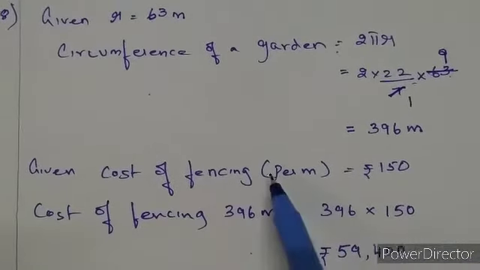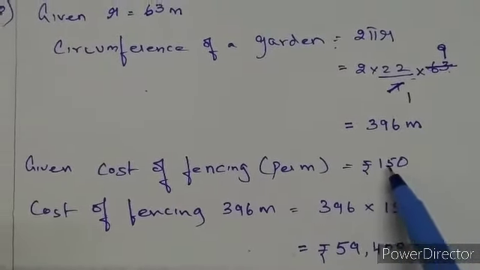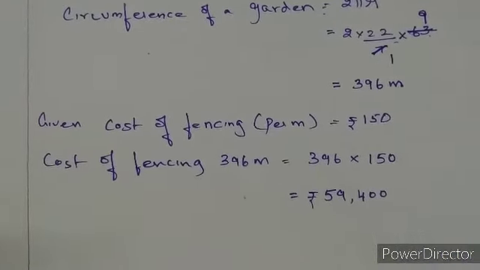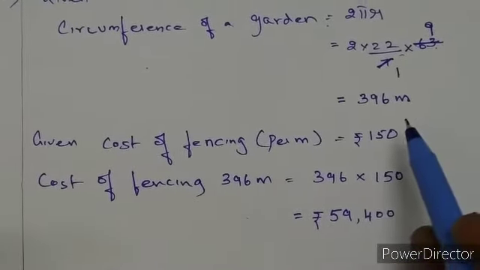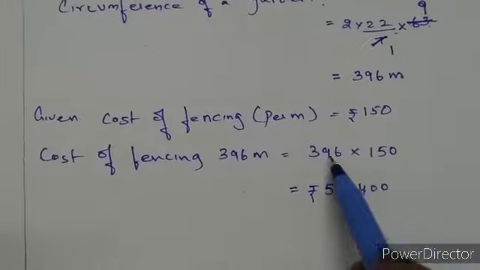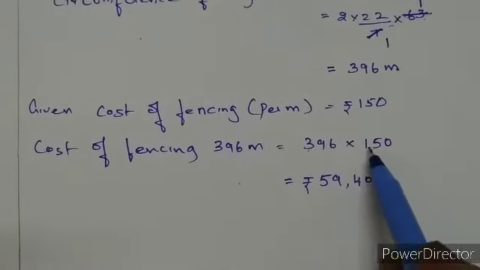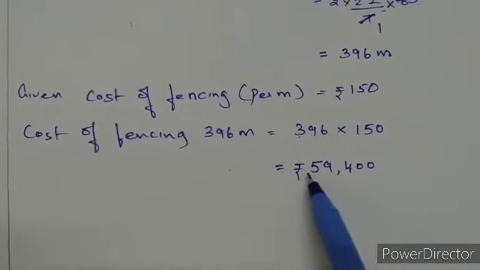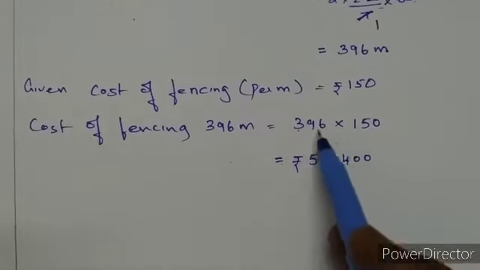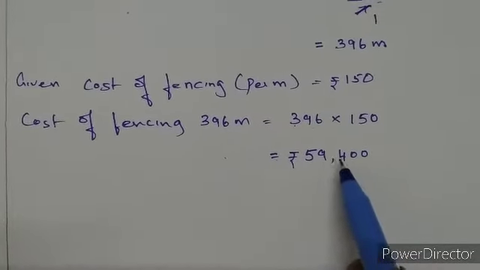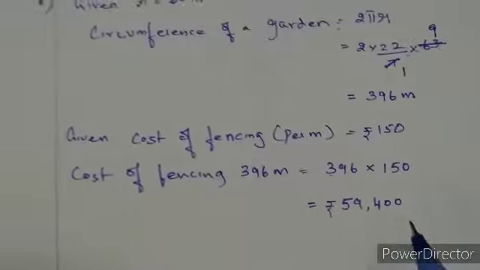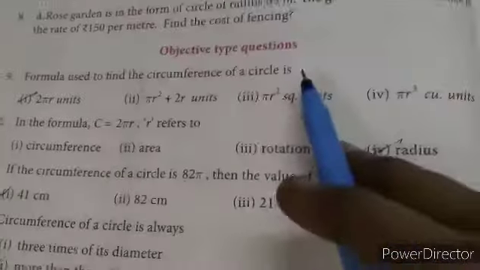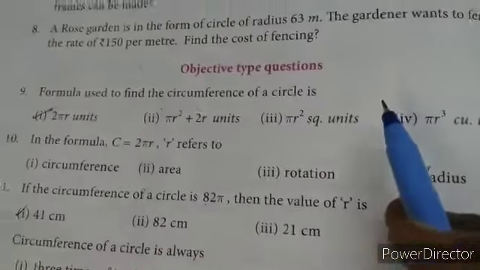Given cost of fencing per meter is rupees 150. So the total cost we need to fence that garden is 396 into 150. By multiplying these two numbers you will get the answer as 59,400.